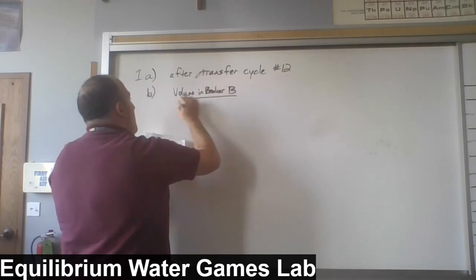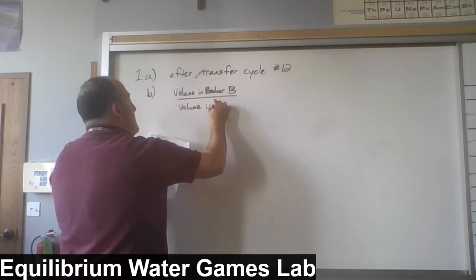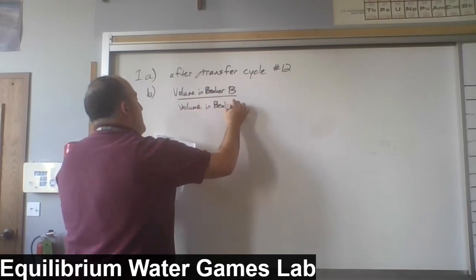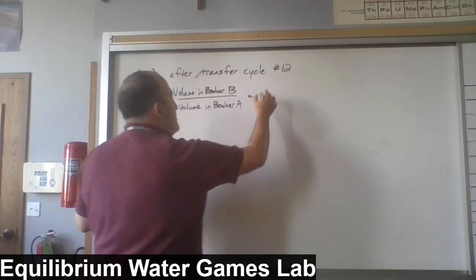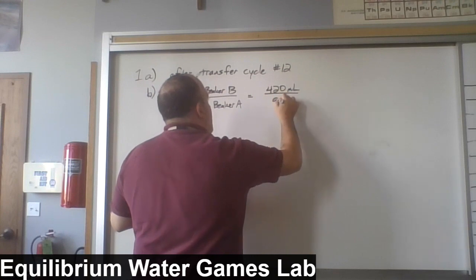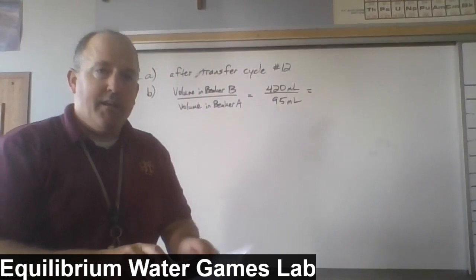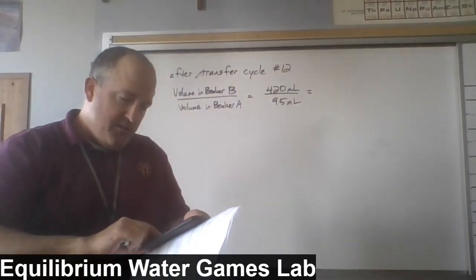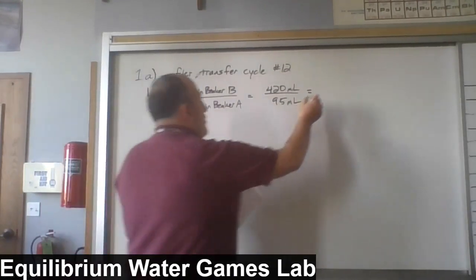So we're going to do B over A. And the numbers from our part 1 data, once equilibrium was established, were 420 and 95. Let's punch those numbers into a calculator and write down the ratio. So 420 over 95, I get roughly 4.4.